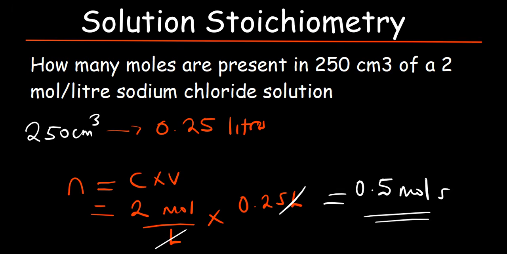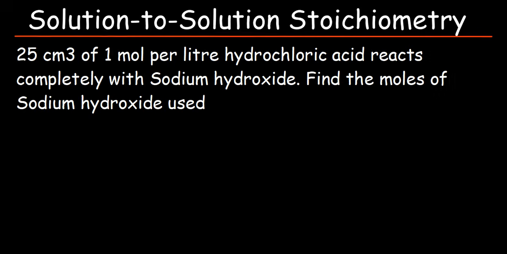Now let's solve another one. This time we've got 25 cubic centimeters of 1 mole per liter hydrochloric acid that reacts completely with sodium hydroxide. We're told to find the moles of sodium chloride used. So you have to come up with the equation.